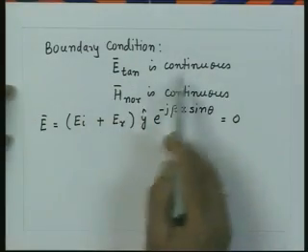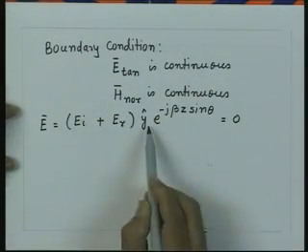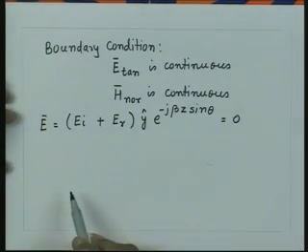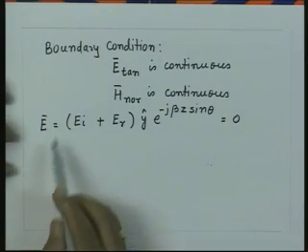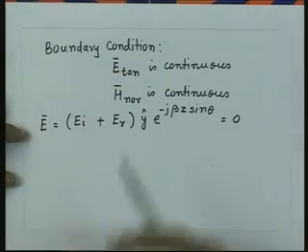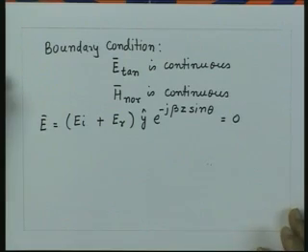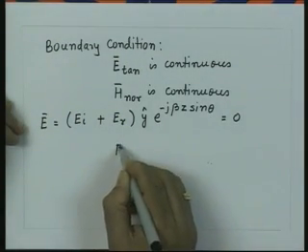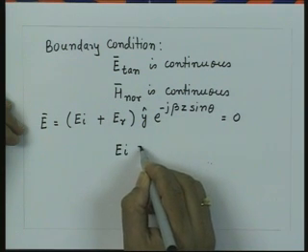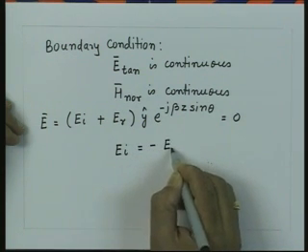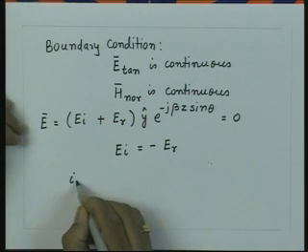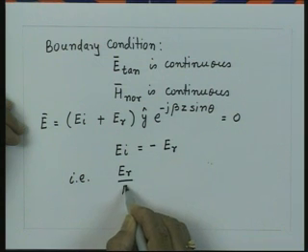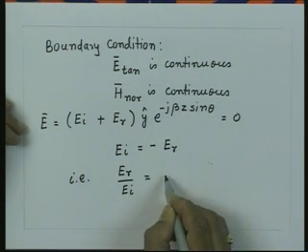This is for the tangential component of the electric field. So, this is the incident field which is y oriented, has a phase function, and at x equal to 0, this is the phase function. The same is true for the reflected field. So, this is the total field at x equal to 0, that is at the interface, that should be equal to 0. So, from here essentially we get a relation that E_I is equal to minus E_R. That is, the reflection coefficient in this case, which is E_R upon E_I, is equal to minus 1.